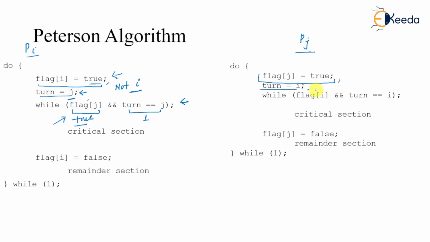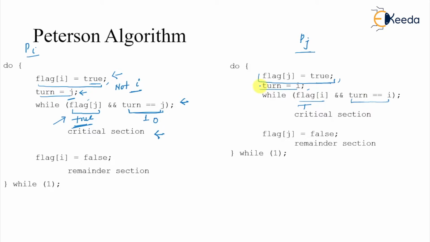Now flag i is true, flag j is true, and turn will be either j or i, but not both. If turn is i, then this will become 0 and it will enter into the critical section. If turn is j, then the other will enter into the critical section.